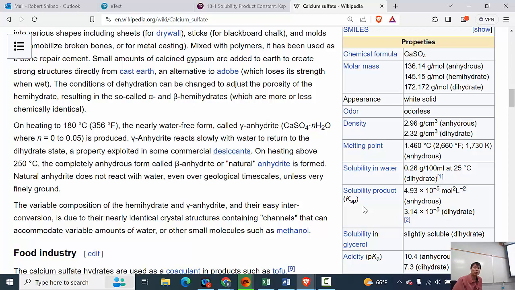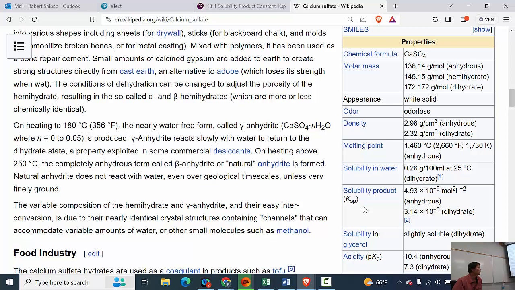That number is 0.1 molar. So if we can get more than 0.1 moles to dissolve, then we call it soluble. If we can't get 0.1 moles to dissolve, then we call it insoluble. Well, 0.1 moles of anhydrous calcium sulfate is going to weigh 13.6 grams. But that would be per liter.